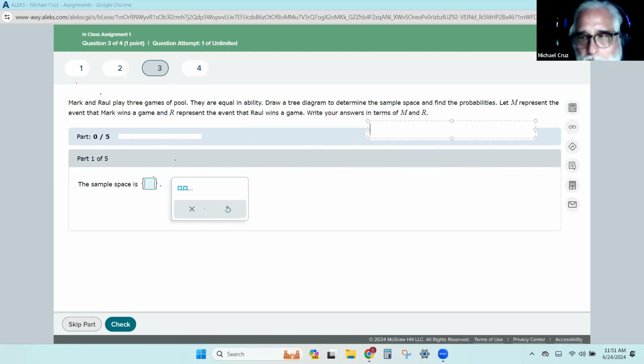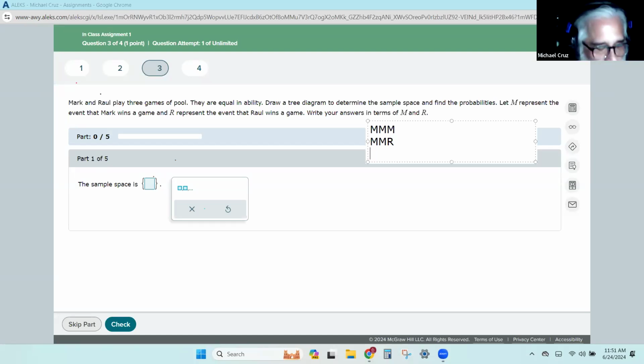So remember, we can have all 3 games going by Mark, Raoul, Mark, Raoul, Mark, and then Mark, Raoul. So there's the half of them where Mark wins the first one, and then whatever else he wins.